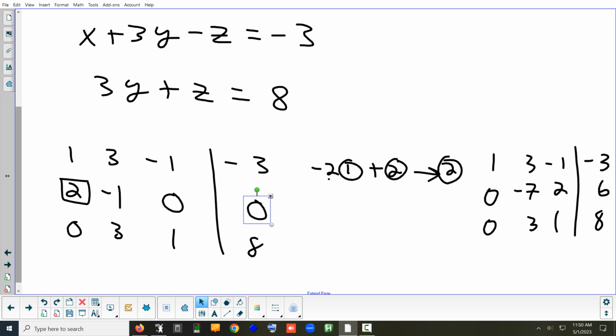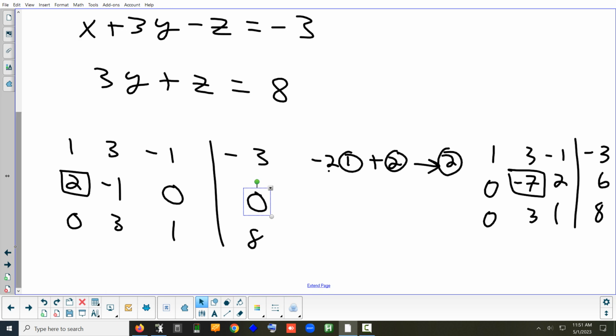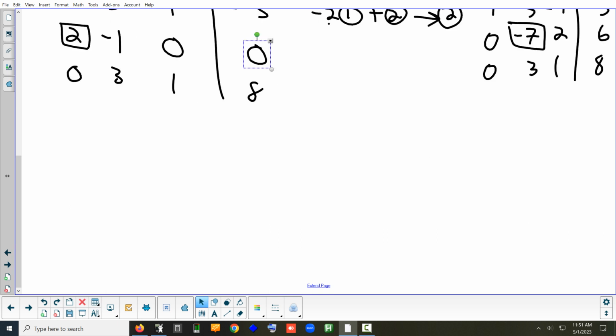Okay. Now, what is one way that you could get a 1 in this spot? We have to think of it as multiplying. Multiply by negative 1/7. Yes, you could do that.